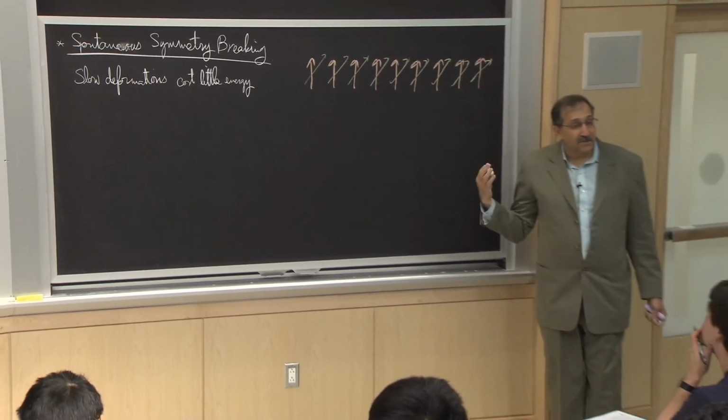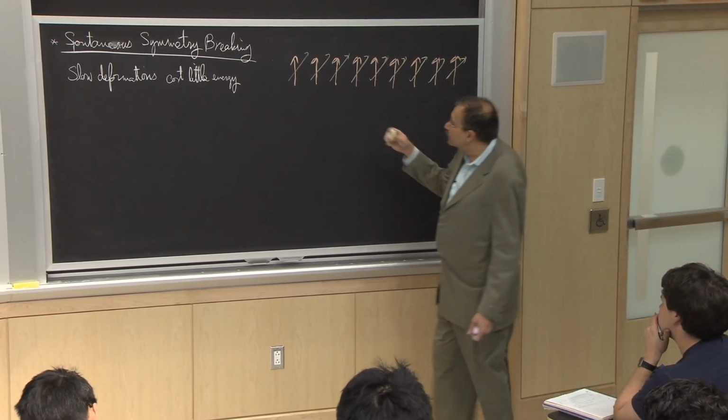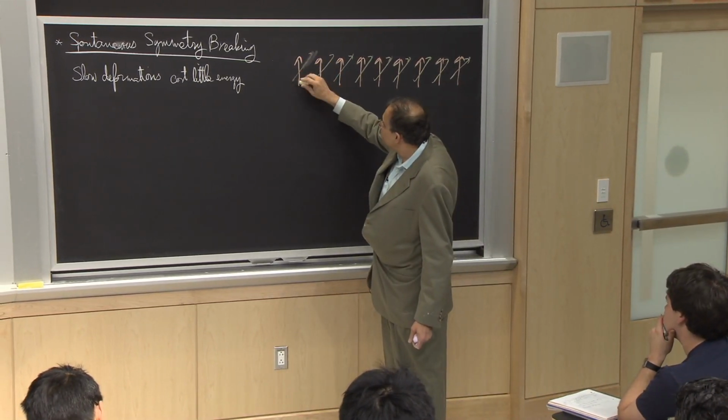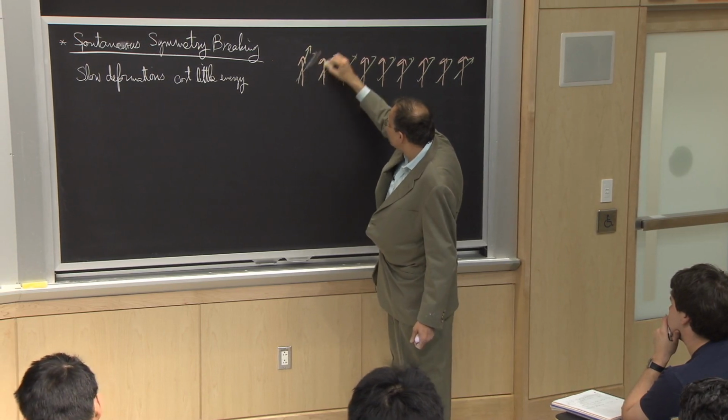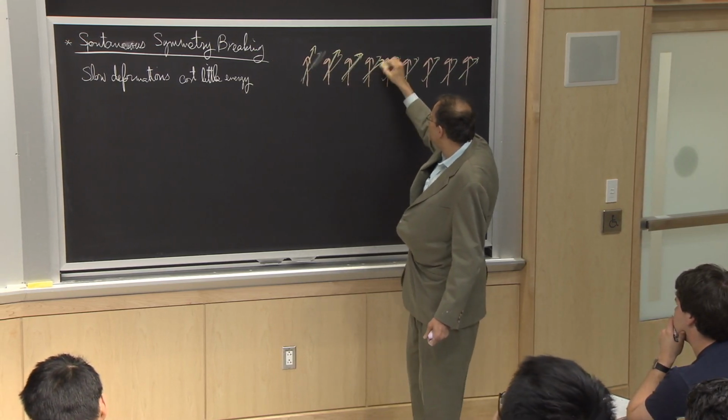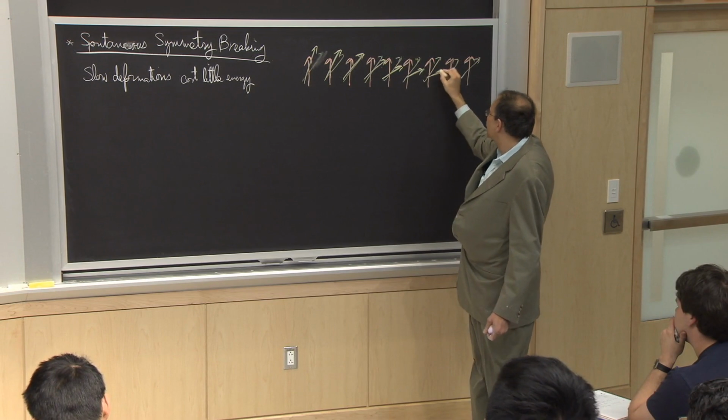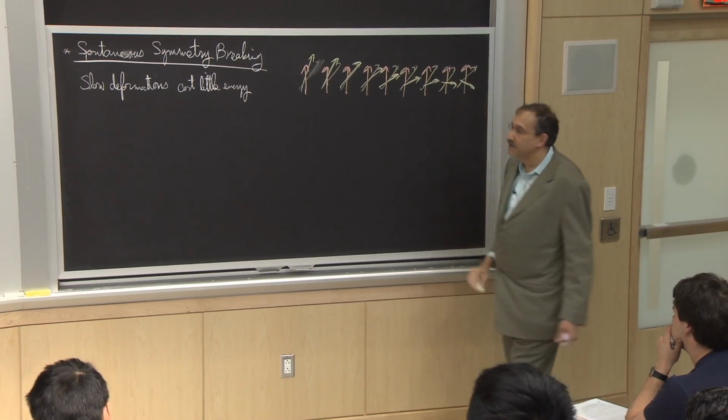That's a uniform deformation. What if I took a deformation that is very slow? So I gradually rotate from one to the other state.